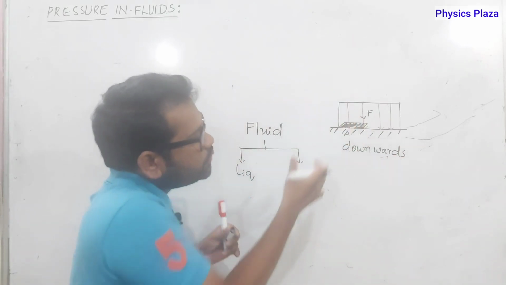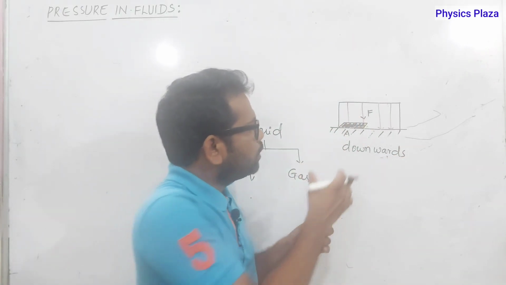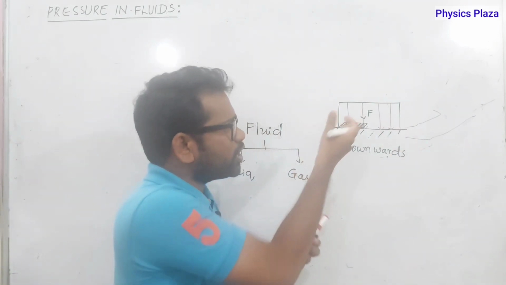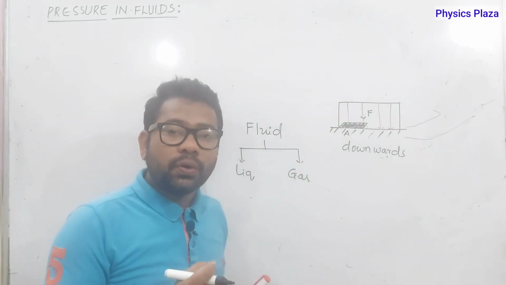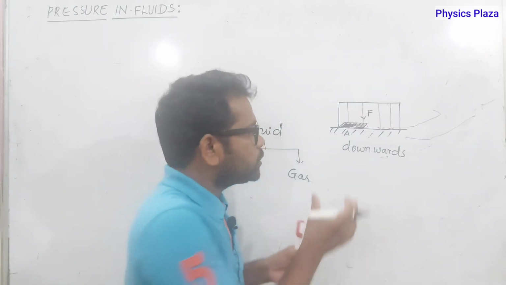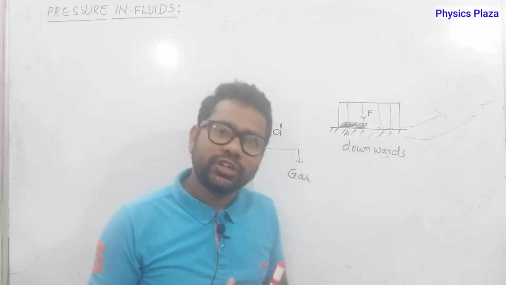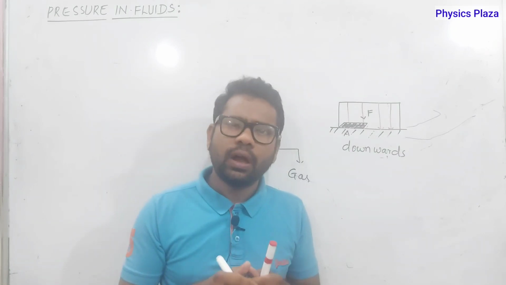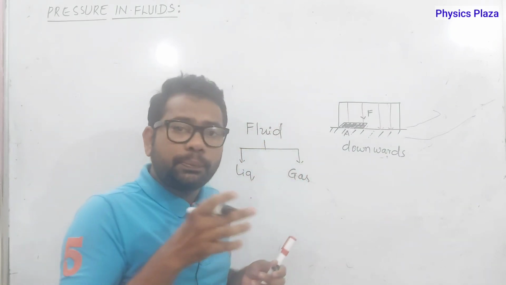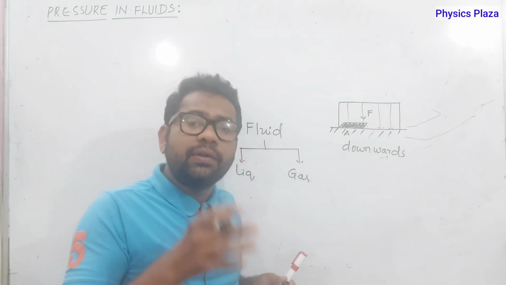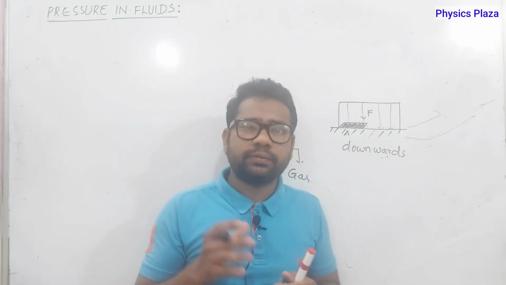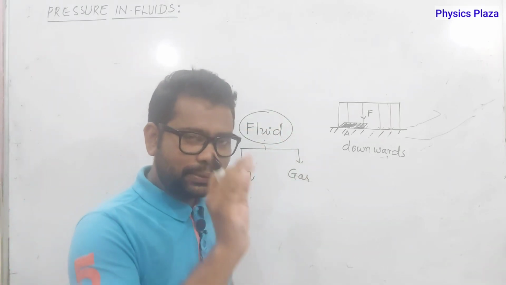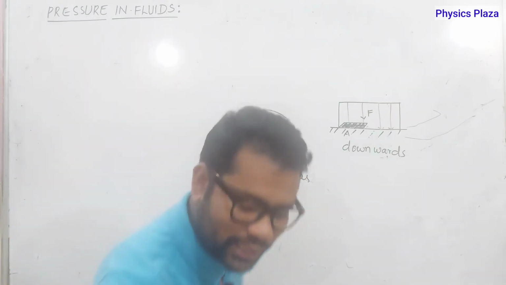Children, is there any chance that a solid can exert a force in the upward direction or sideways? No chance. So we can conclude that solids exert pressure only in one direction, that is downwards, on the surface where it has been placed. Now, the point is, can a fluid exert pressure? Children, let us see, it's very important.